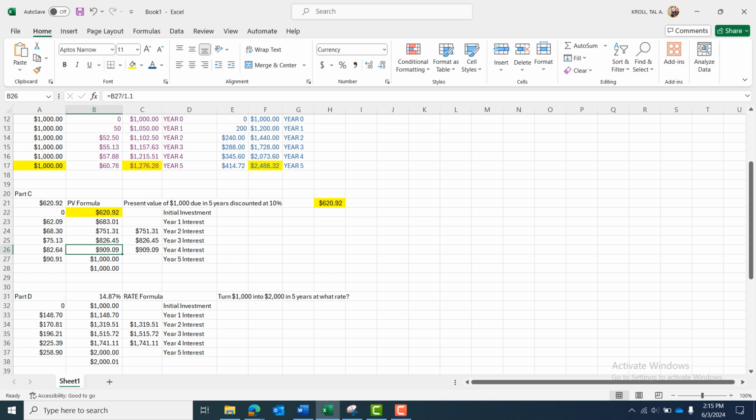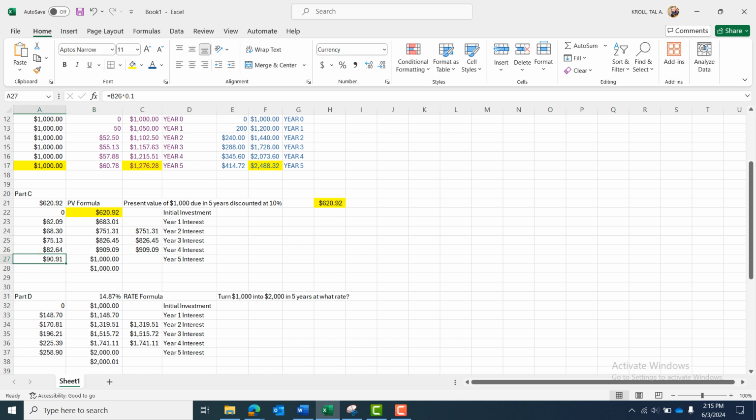So this $1,000 actually represents 110% of some value that I don't know. That's how I manually figured out these numbers: I took 1,000 and divided it by 110%, which is 1.1, and I got $909.09. If I multiply that by the interest rate, it double checked my figure.